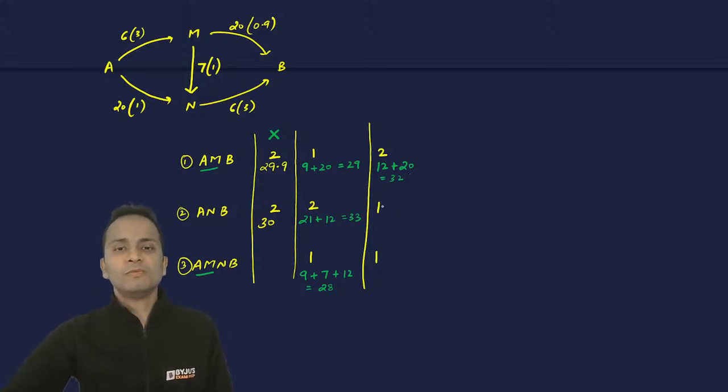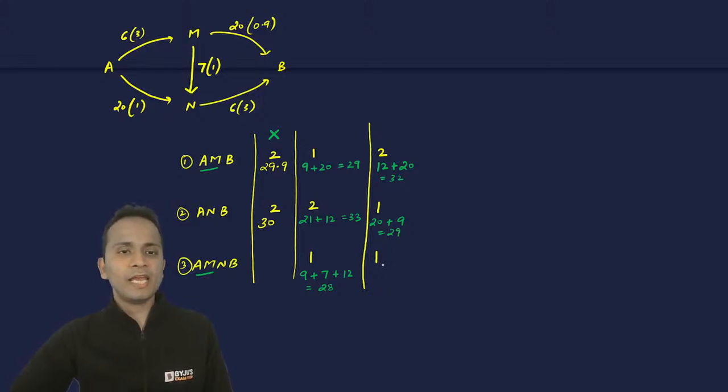Okay. Now one car is traveling from the second route. So AN, only one car, 20 minutes plus two cars from NB, one car from NB and one car, so two cars from NB. All right, so NB से इन्हें 9 minutes लगेंगे, so total 29 minutes.